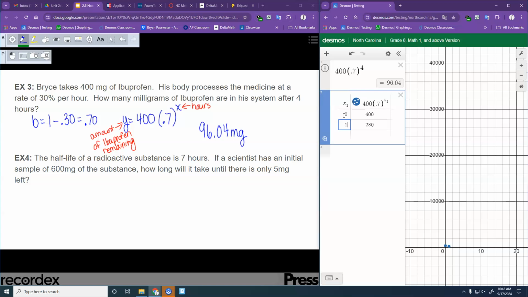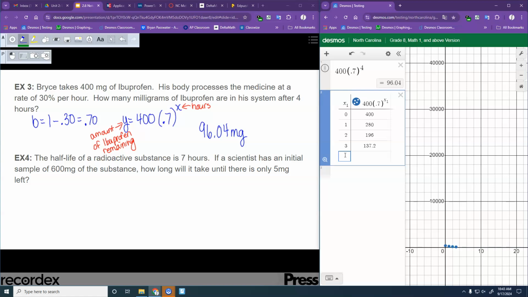Then in the next hour, you'd have 196. That's 70% of 280, right? And then in the third hour, it'd be down to 137.2. That's 70% of 196. So it's like the car loan. It drops a little less over time. So it's based on the number before.